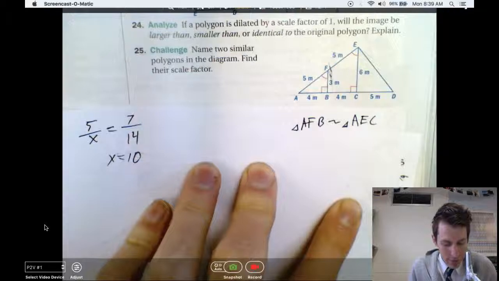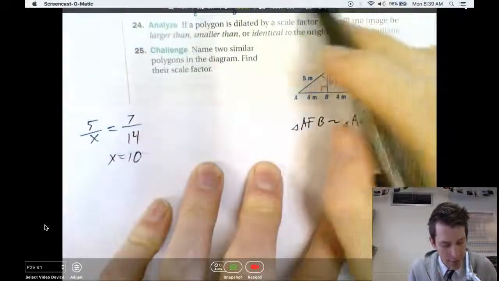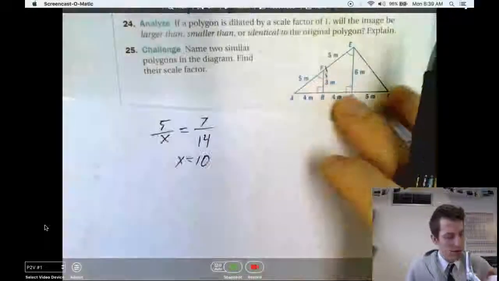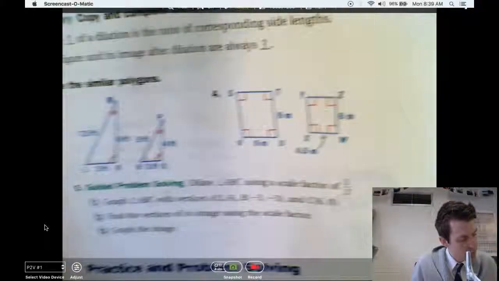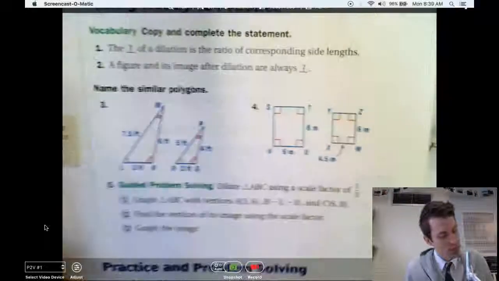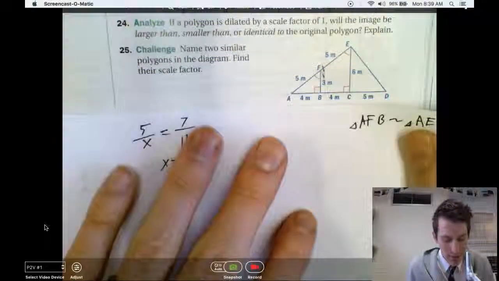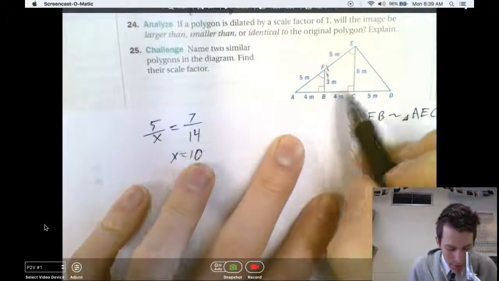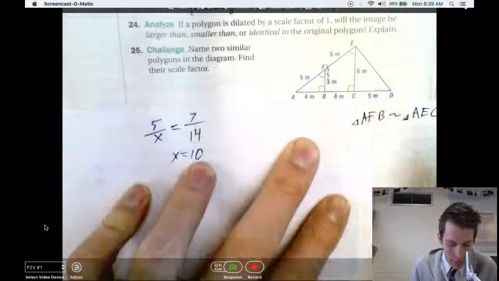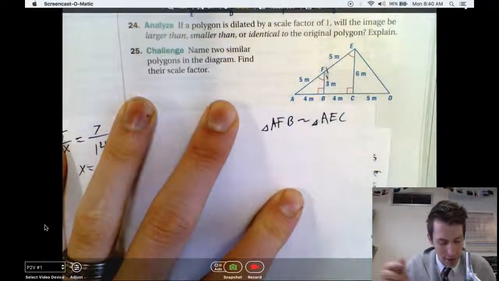Now to find their scale factor, remember, above that blue box, it said the scale factor of a dilation is the ratio of corresponding side lengths. All I got to do is do the ratio of corresponding side lengths. One ratio. That's it, guys. One ratio to find the scale factor.